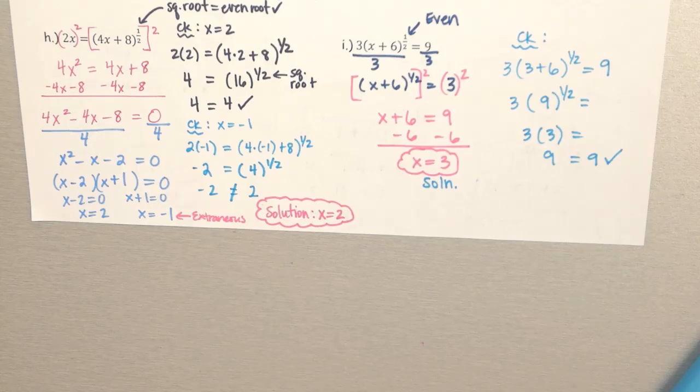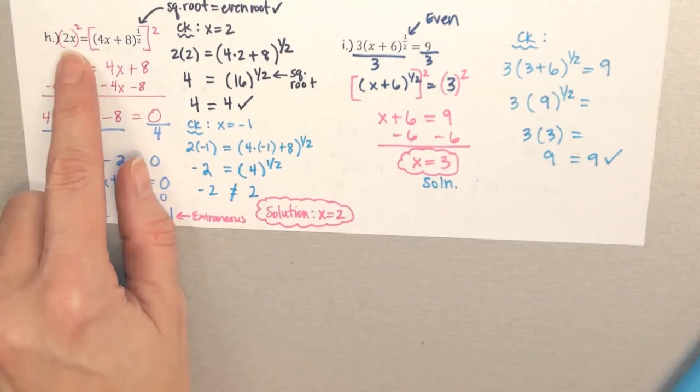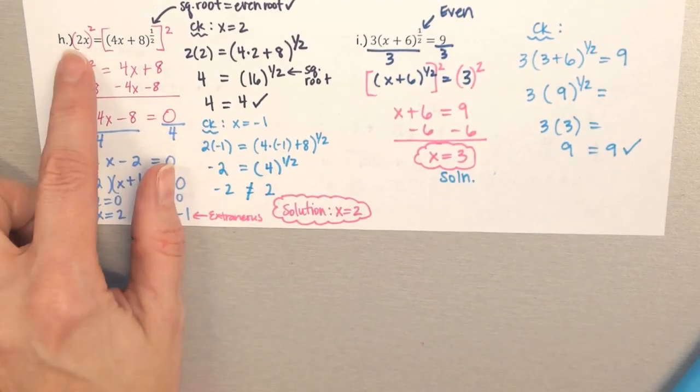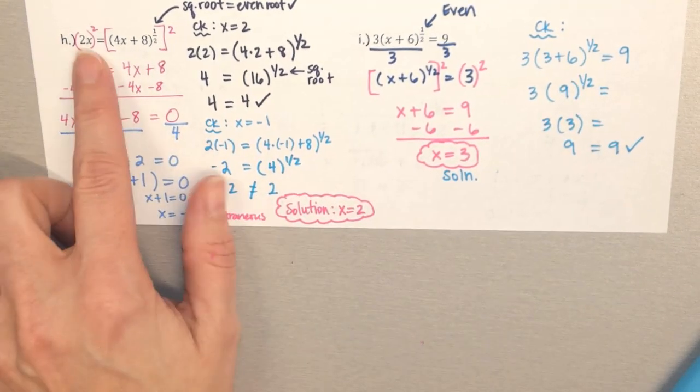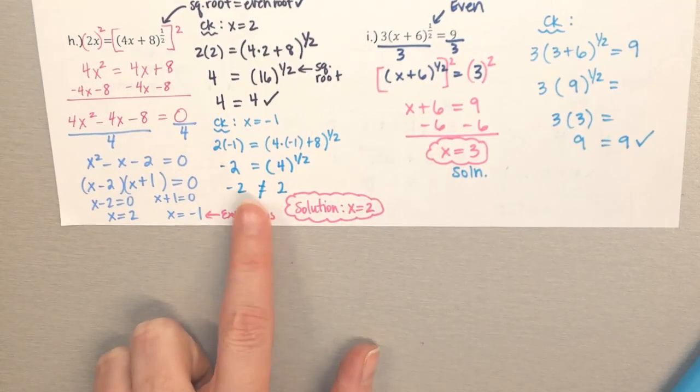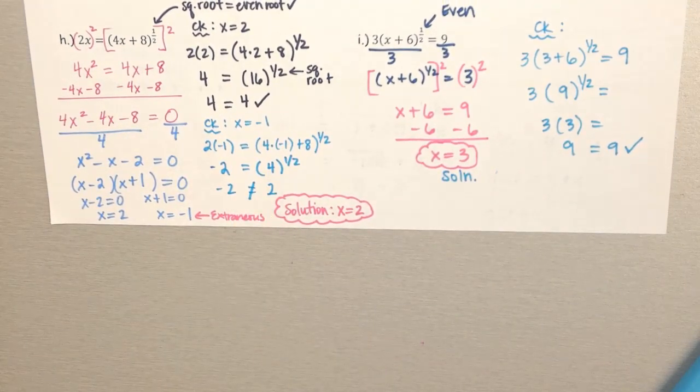So you can't have your negative of your square root there. Okay, so this one looks like an answer, but if you plug this back in, you're going to get -2, and that will not be equal to 2. So that's what you have to watch out for, is that you have it equal to a negative.